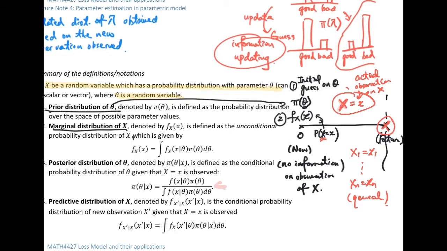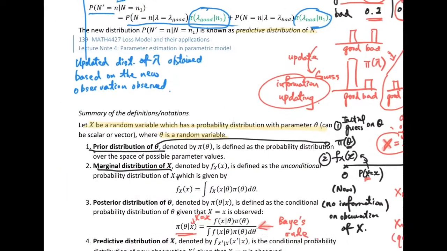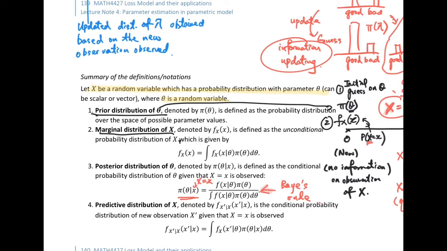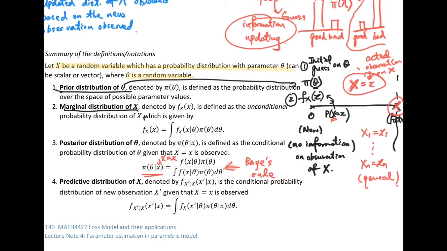So this new distribution of the theta, given that you know S equals s, can be computed using the Bayes rule, which is exactly the same as the one that you see here. This new distribution is what we call the posterior distribution.